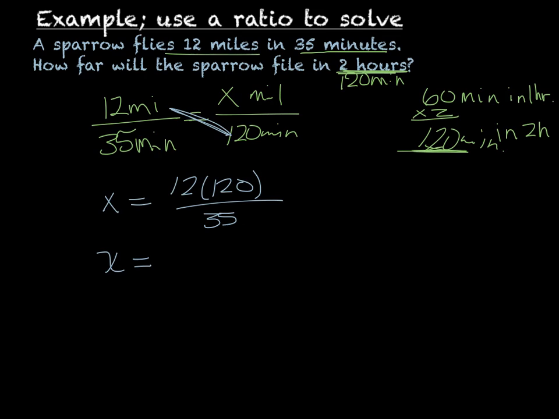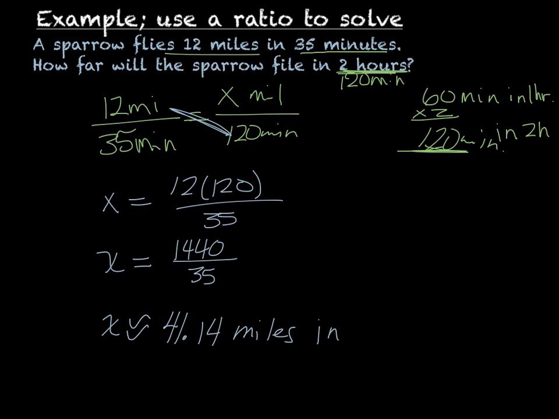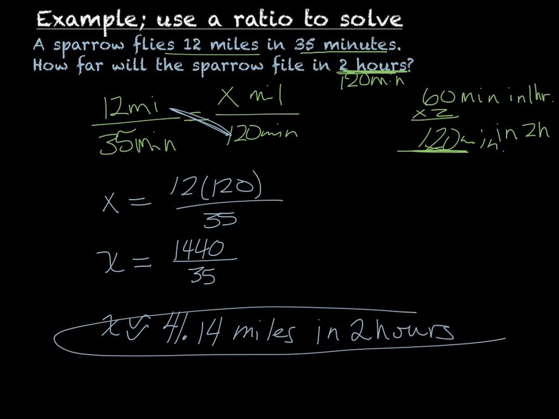So X equals 1,440 divided by 35. So my final answer, if you type it in the calculator, the sparrow is going to fly approximately 41.14 miles in 2 hours. And that's your final answer.